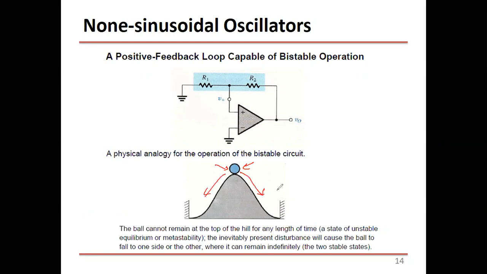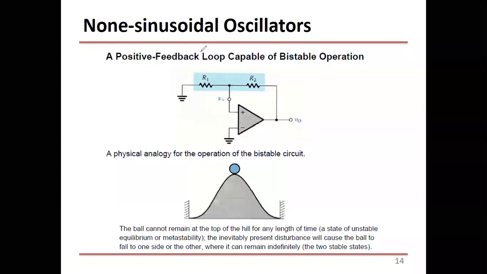This way is the upper level, which we call L plus, the maximum saturation level, almost VCC, and this one is L minus, the negative saturation level, which is close to VEE. So this is a nice analogy for the bistable circuit. If you keep this ball here, it's difficult, you cannot leave it here forever.